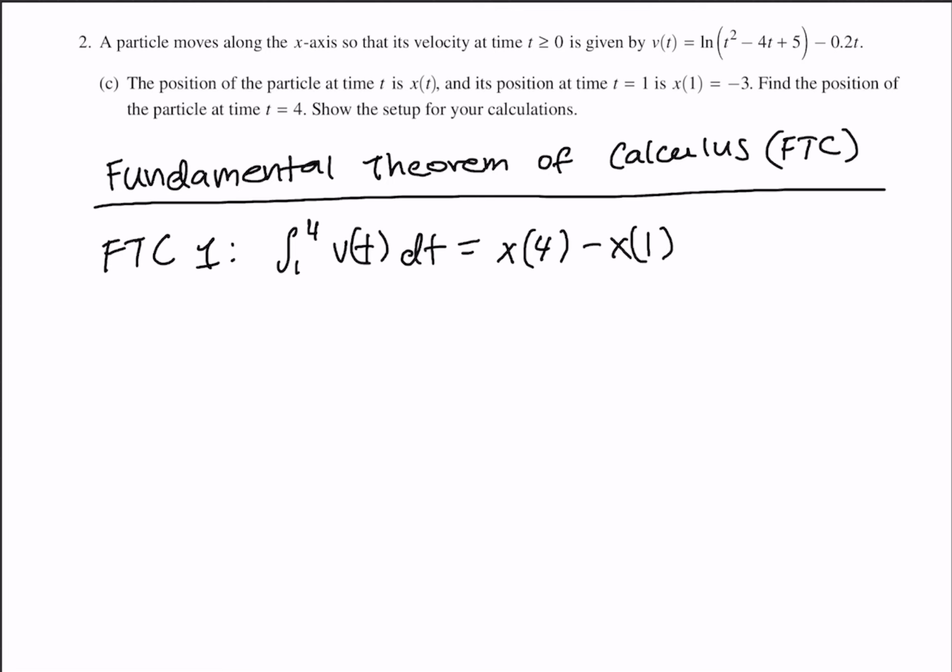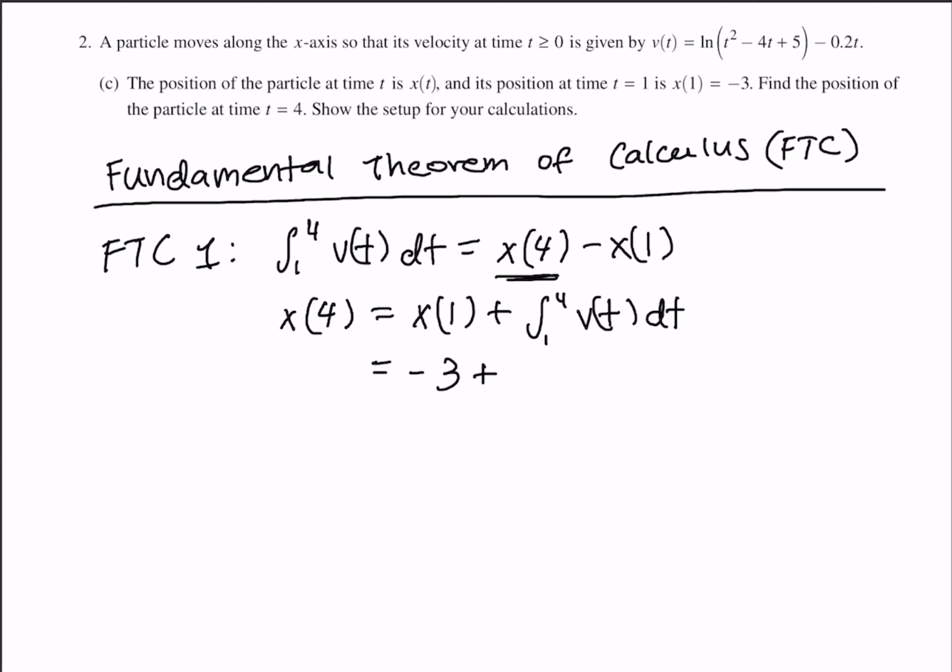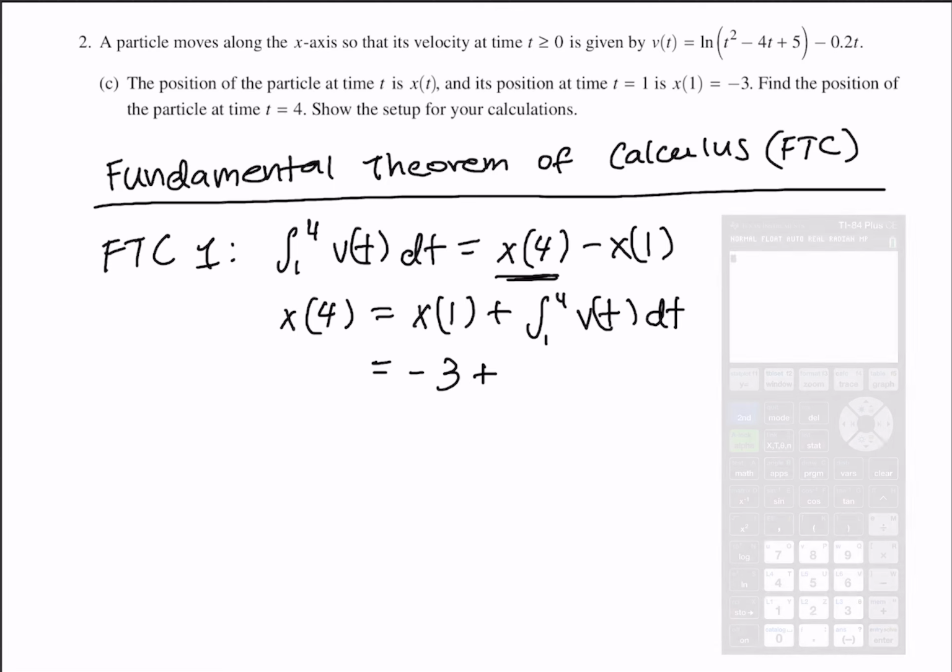And so in this case, since we're trying to find x of 4, we're going to rewrite this as x of 4 equals x of 1 plus the integral from 1 to 4 of v of t dt. The question already gives us that x of 1 is negative 3, and then we can find the integral from 1 to 4 of v of t by plugging it into the calculator.